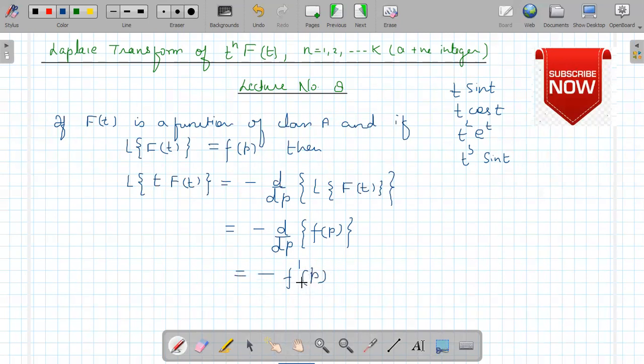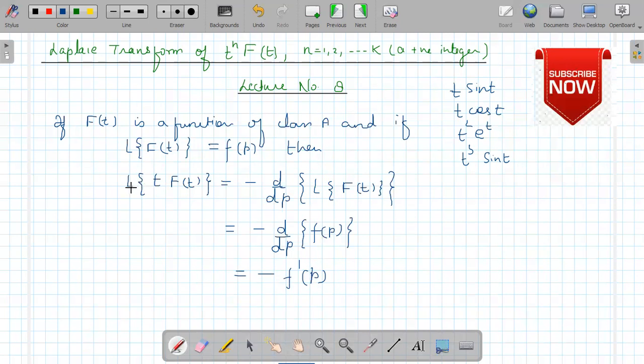Very simple expression, last one. So the value of this Laplace transform is minus F dash p, means first derivative of function F(p) with respect to p with negative sign.